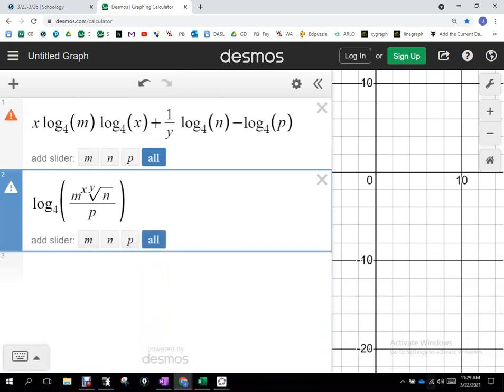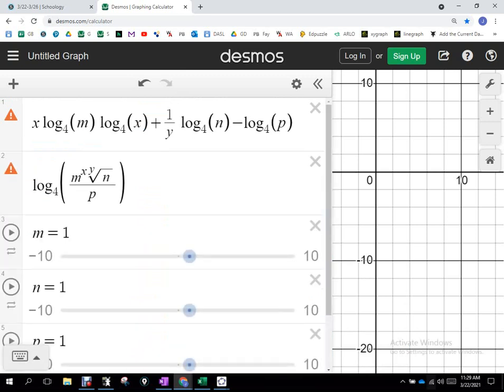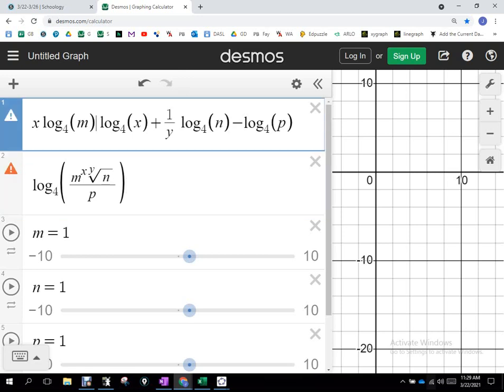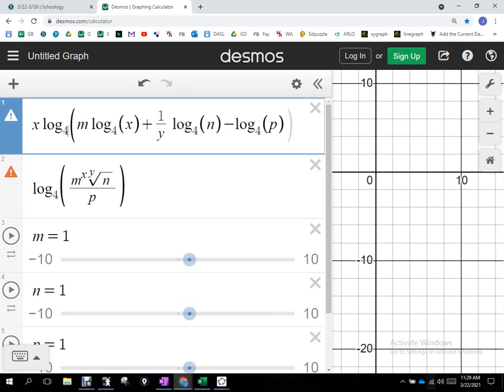Okay. So now once I ask it to create all of these sliders, okay, what's the problem here? Try adding an equal sign to turn this into... I don't want it into an equation. I think I had this typed in wrong.